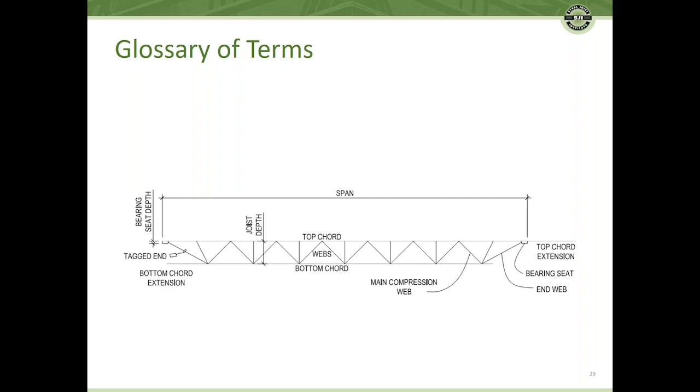Definition of span is also included, and then other things like the tagged end, which are really pretty specific to a joist, and some terms like an end web and main compression web. If you're talking to a joist manufacturer, the manufacturer is going to use terms like this, and it's just really good information to have so that we communicate well.